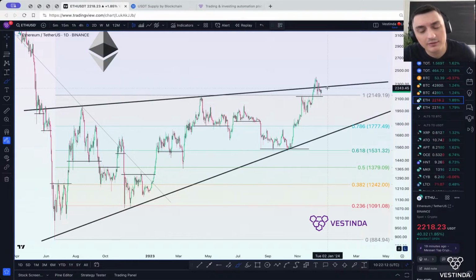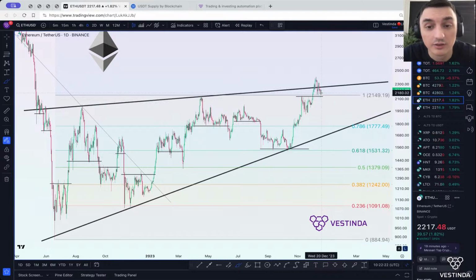However, many times when we see patterns, they don't go the way they're supposed to go. So we need to be really patient here and follow the price action really closely.